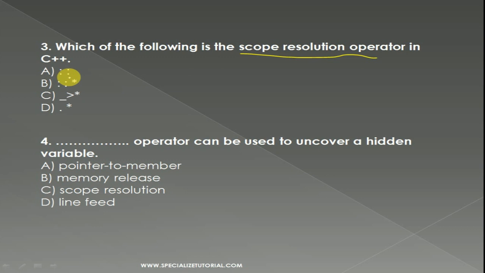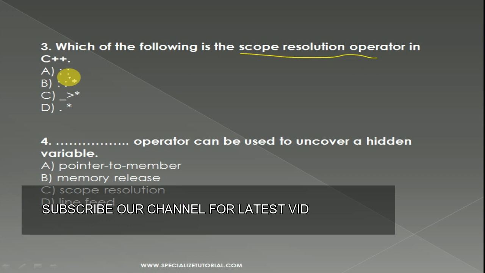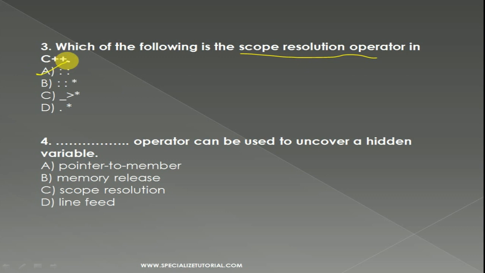You can use the unary scope operator if the name at namespace scope or global scope is hidden by an explicit declaration of the same name in a block or class. So here is the scope resolution operator sign. A is the right answer.